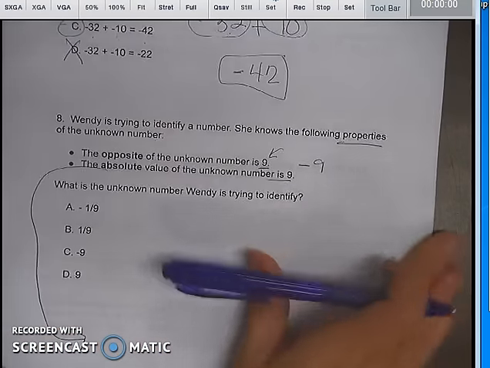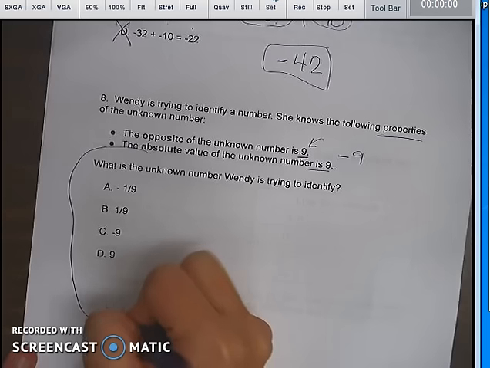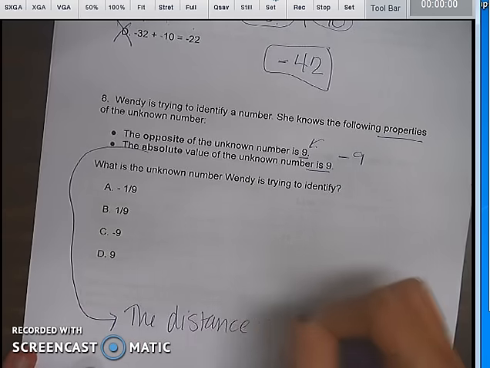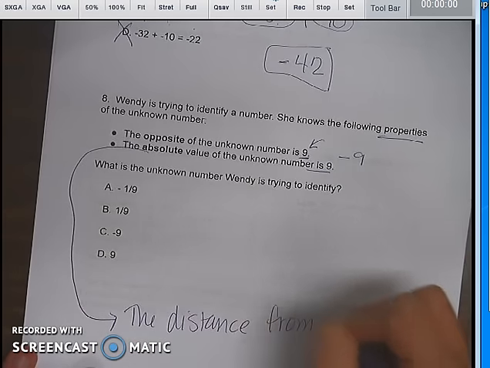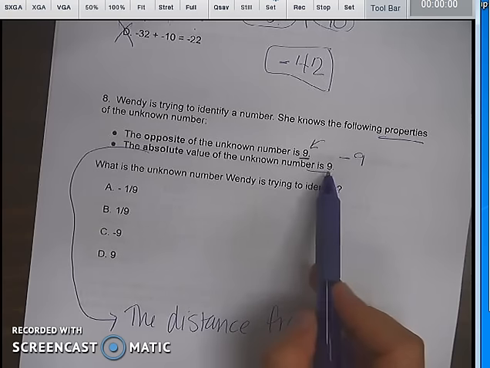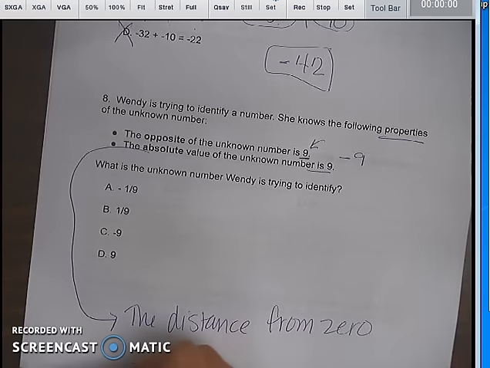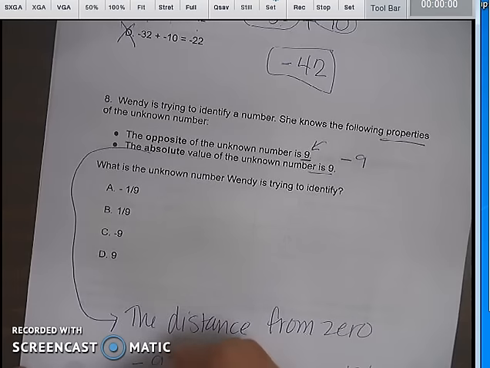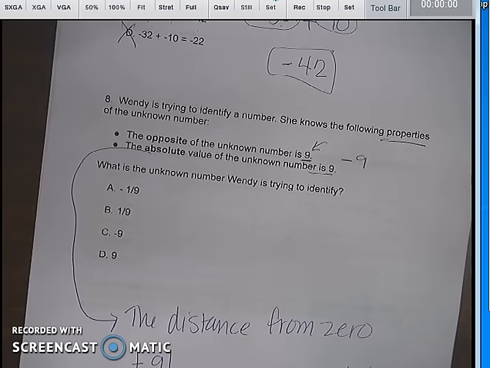Absolute value is the distance from 0. Write that down. Well, if it's saying the absolute value of the unknown number is 9, the unknown number would either be negative 9 or 9 because the absolute value of those two numbers is 9.